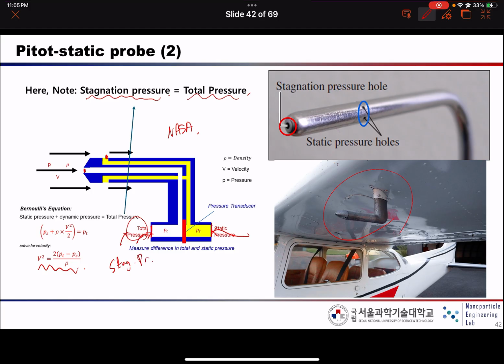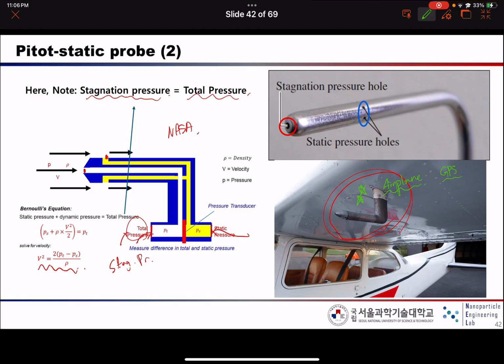Most frequently, the pitot-static probe is used in the airplane. Nowadays in the airplane you can use GPS to track and measure the airplane speed. But a long time ago, it was important to measure the pressure with the analog method.